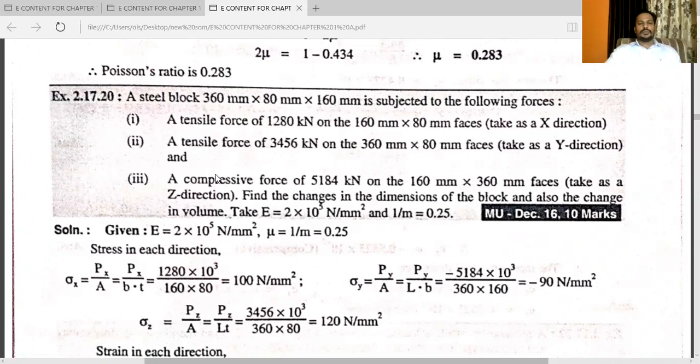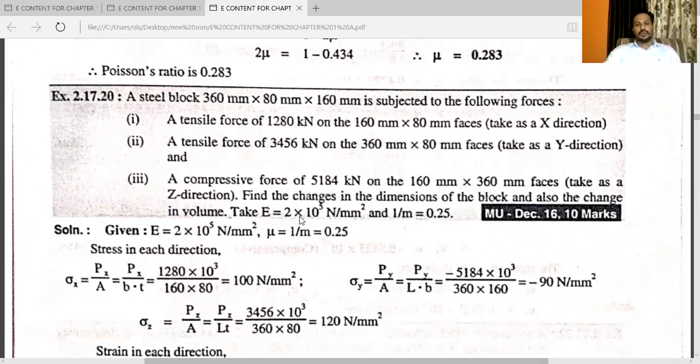Tensile force of 3456 kilonewton on the 360 into 80 mm faces, take as y direction. And a compressive force of 5184 kilonewton on the 160 mm into 360 mm faces, take as z direction. Find change in dimension of the block and also change in volume.